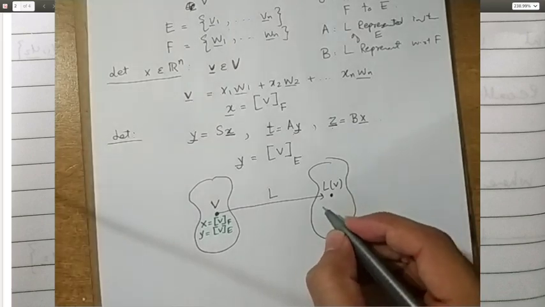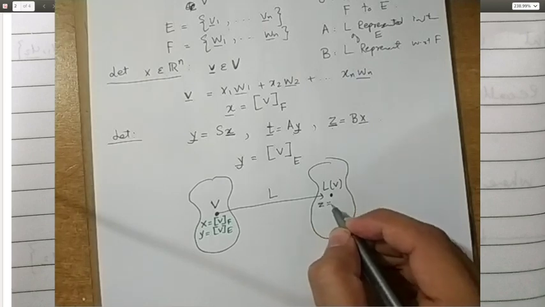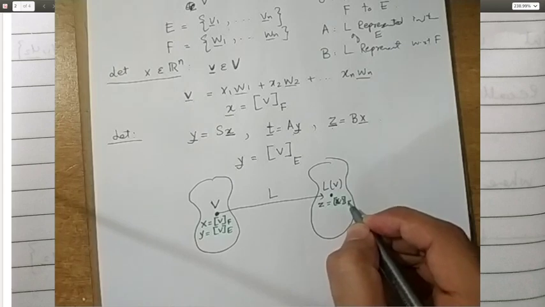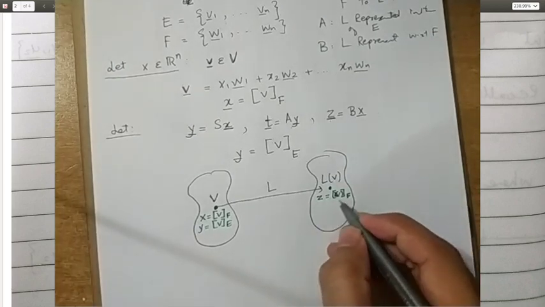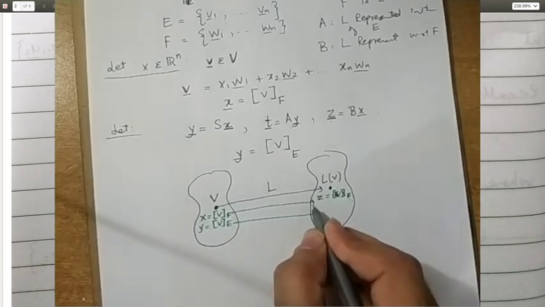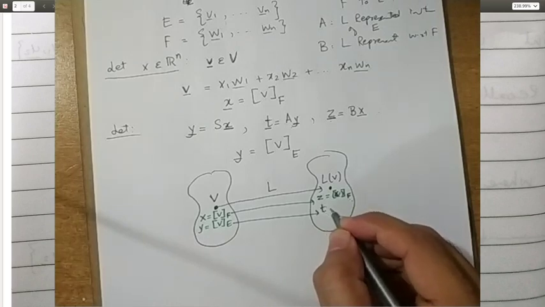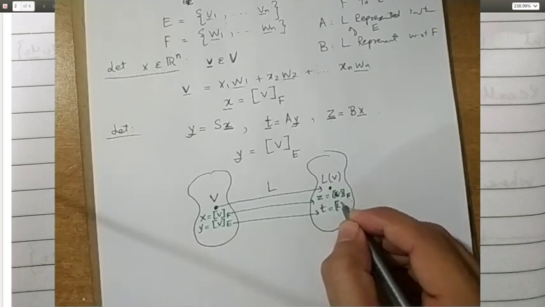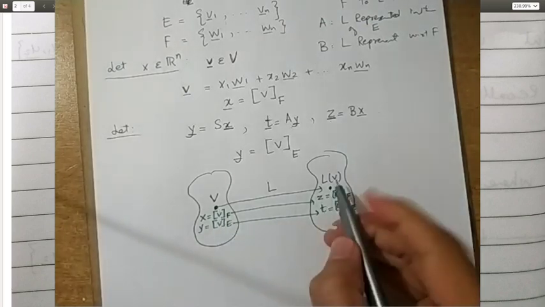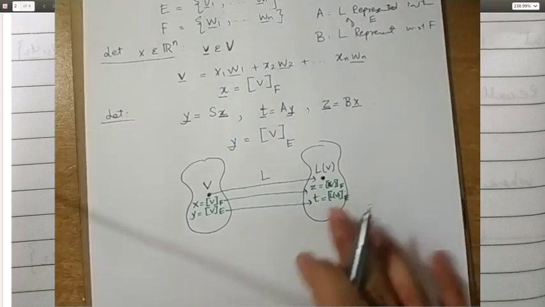If you represent it in terms of basis vector F, then it's just Z equals L of V represented in terms of F. But if you represent it in terms of basis vectors E, then the coordinates will be T equals L of V, but now in terms of E. All of this is the same vector, it's just that coordinates are different depending on the basis that you've chosen.